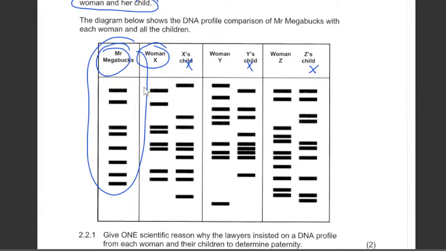If the kid is the son of these parents, basically all the bars, their profile, must match. If here I have 25%, the remaining 75% must match, meaning that there must be no bar left out to confirm that that is the parent.